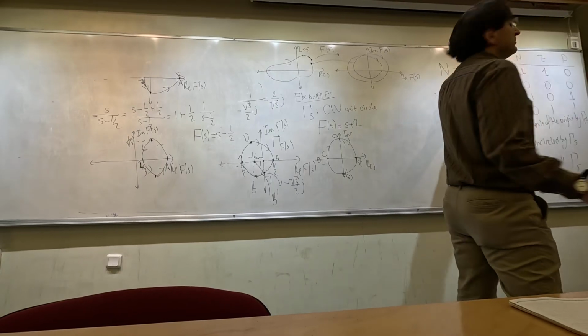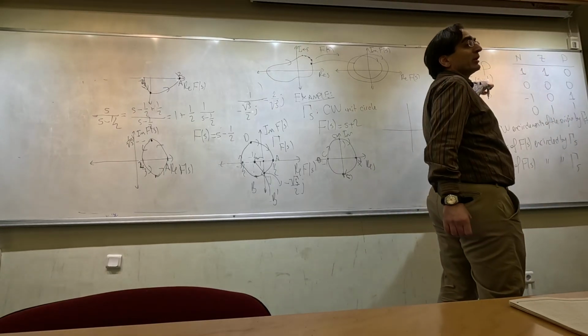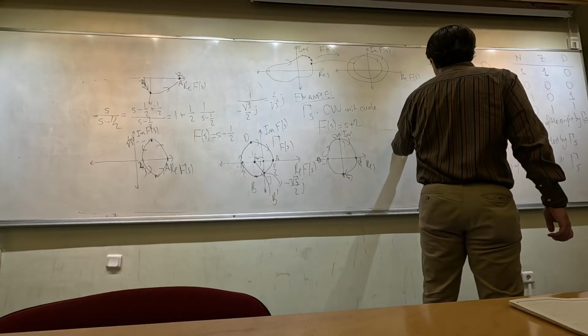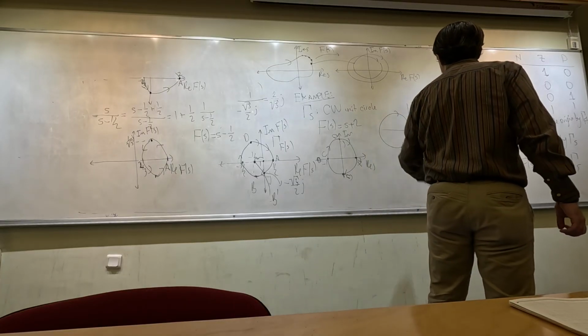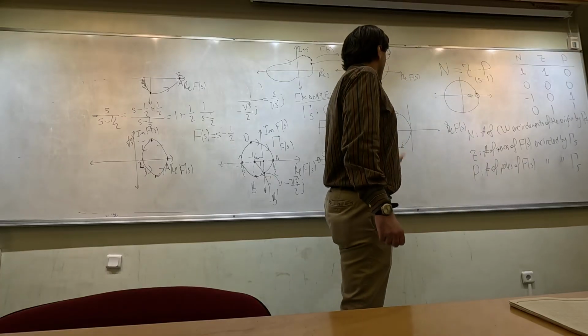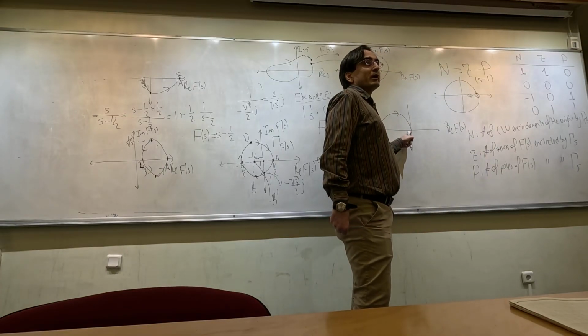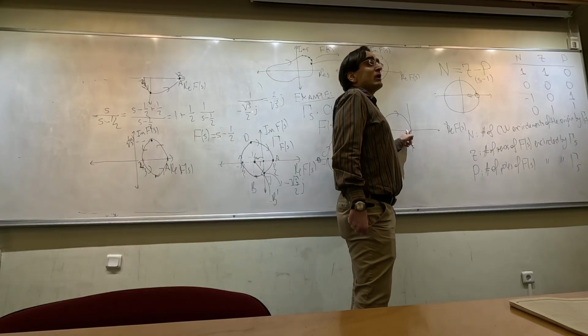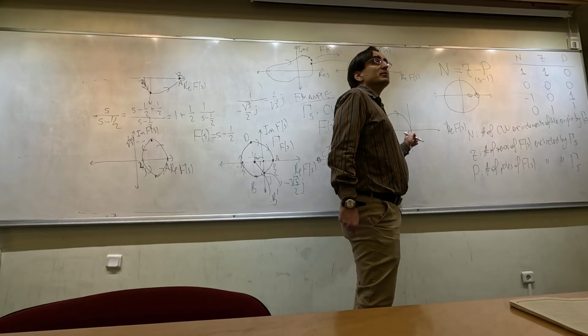If you transform this unit circle by this transformation s minus 1, you know what you're going to get. You're going to get something like this. But this contour is going to pass through the origin in the new space. And when you have a curve like this, you won't be able to decide how many times the origin is encircled anymore.